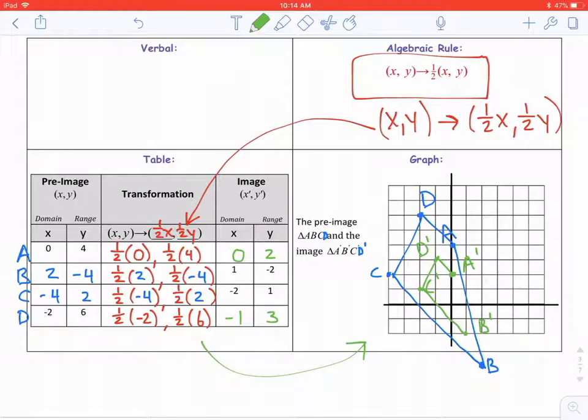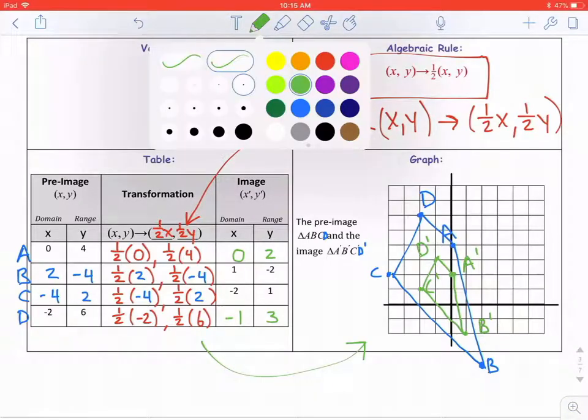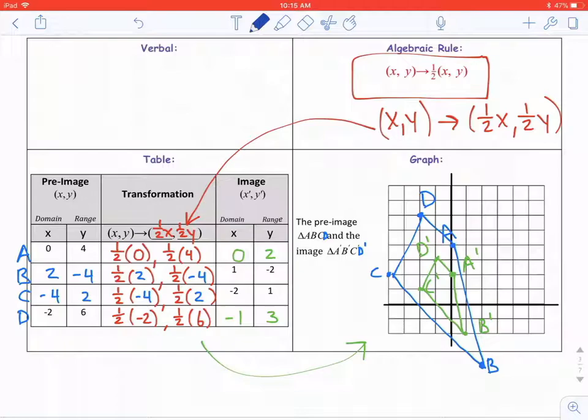So it looks like I need to connect one more line right there. So our figure should look like the blue graph is twice as big as the green one. Or our image, which is in green, is 1/2 the size of the pre-image, which is in blue, which it does appear that way. So the only other thing we need to do is write out the verbal description.